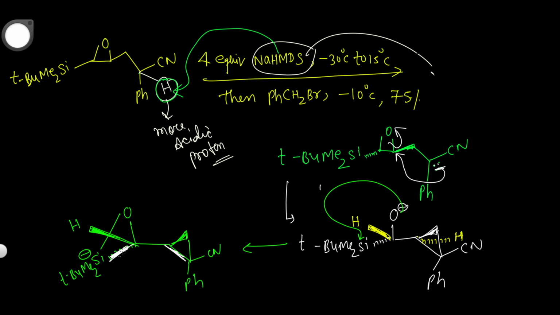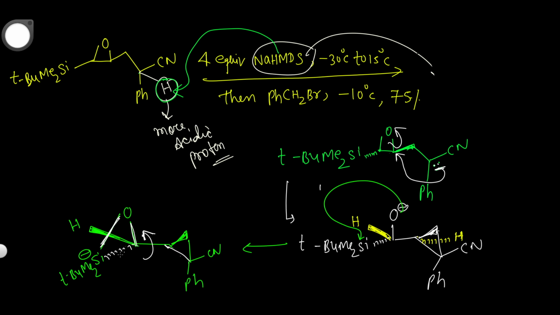How can we do it? Let me show you. So what happened? Here it is below the plane, right? And you have a single bond, so you have to rotate the bond. After rotating the bond, this whole compound with the oxygen is below the plane, right?